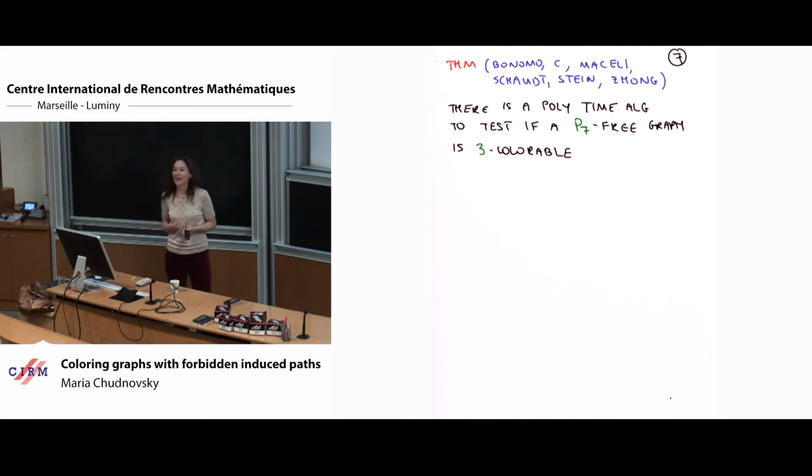Then I got an email from Flavia saying, Maria, I noticed you're working on this, but by the way, we solved the triangle-free case, and it's 5 pages, and the complexity is, I don't know, n cubed, maybe n to the 7th, but something much, much better than what we had. Somehow they managed to distill exactly the right properties and come up with a really nice, short, simple algorithm, but only for the triangle-free case.